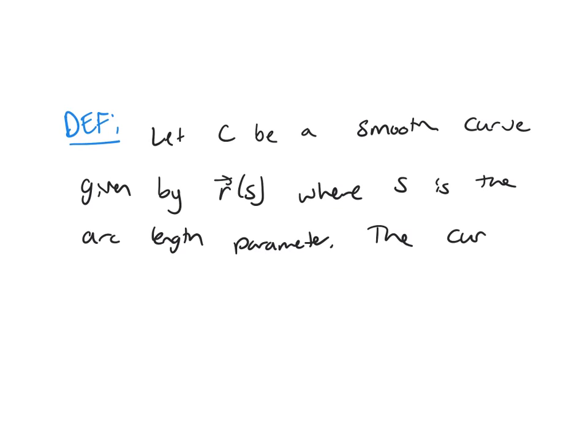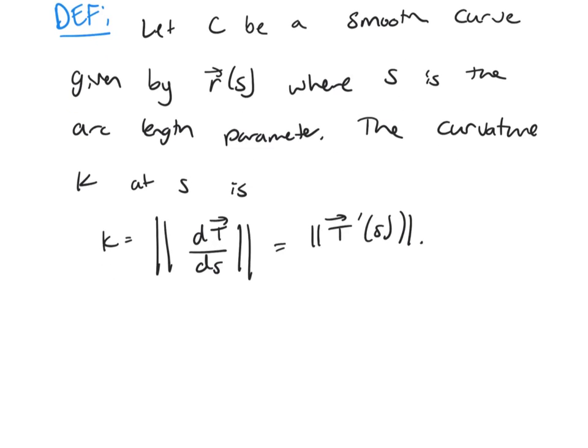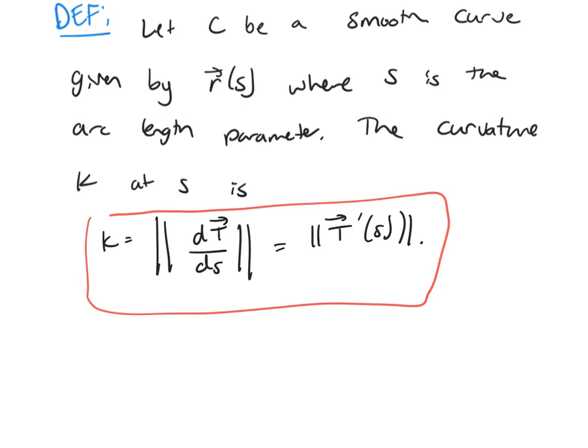The curvature, kappa at s, is the magnitude of the derivative of T with respect to s, or another way to say this, it's the magnitude of T prime of s. So this is a formula that will help us compute curvature.